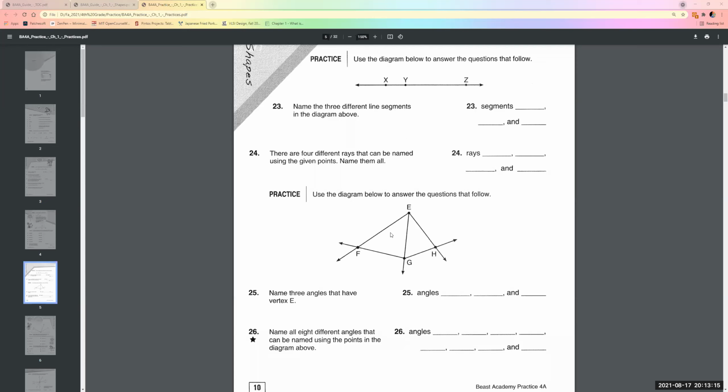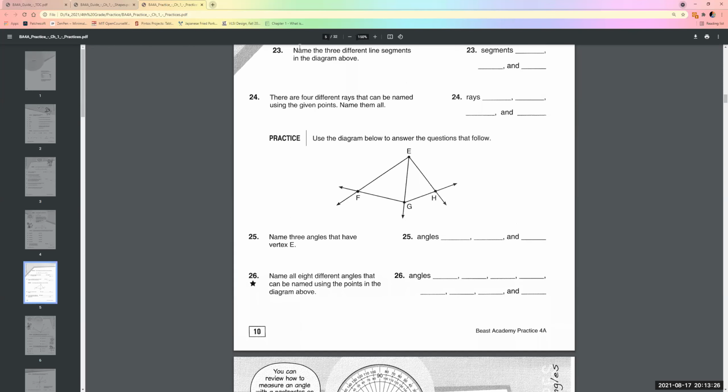FEG. Okay. Let me scroll this down real fast. GEF. Give me 1 second, sorry. Okay. You said FEG? FEG, GEF, GEH. Let me just rewrite these.